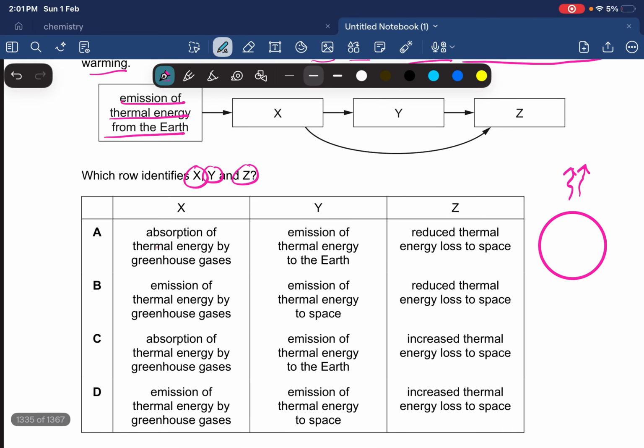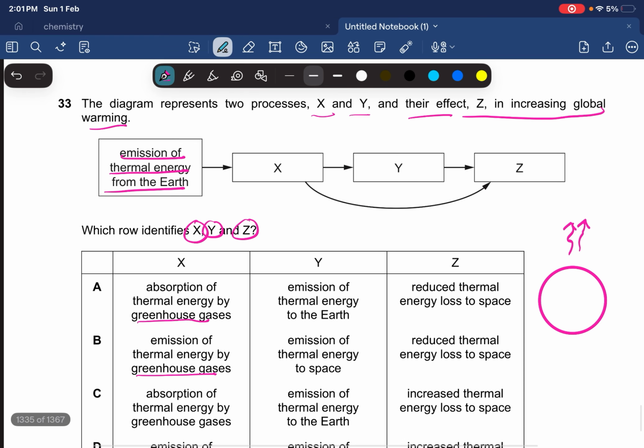Absorption of thermal energy by greenhouse gases. Emission of thermal energy by greenhouse gases. Okay, they absorb, they emit. Absorption of thermal energy by greenhouse gases. Emission of thermal energy, whatever. And then why? So first, emission of thermal energy from Earth.